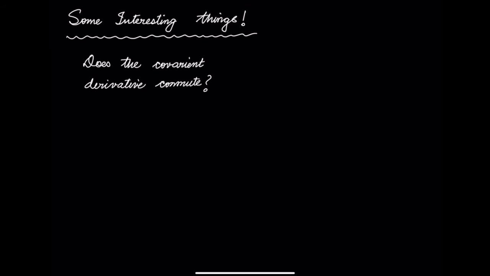What does it mean? It essentially means, if I do two covariant derivatives of a vector A mu, is it equal to, and I put a question mark here, which means we do not know whether this is true, the covariant derivatives taken in the opposite order?